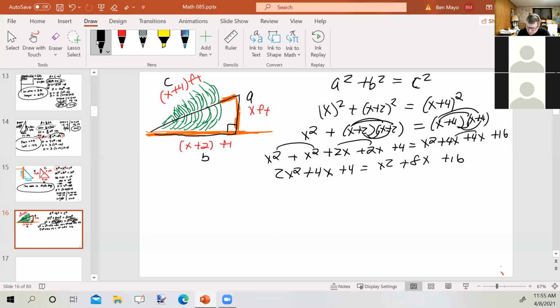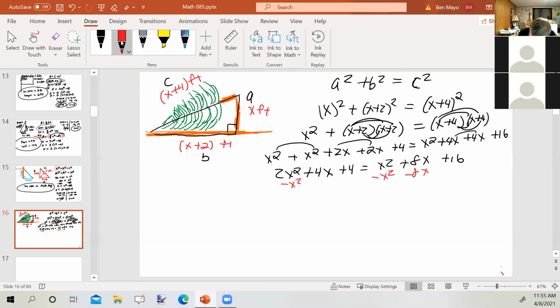But it's nice to have your leading coefficient on the non-zero side of the equation positive. If I subtract 2x squared from both sides, on the right side I'll have negative x squared. So instead I'm going to move everything to the left side. I'm going to subtract x squared from both sides.